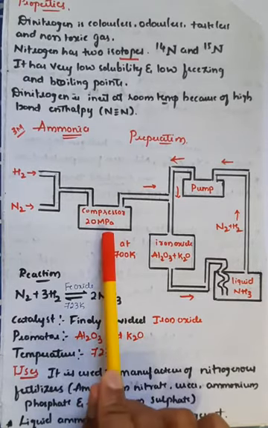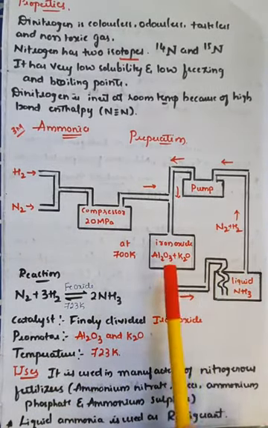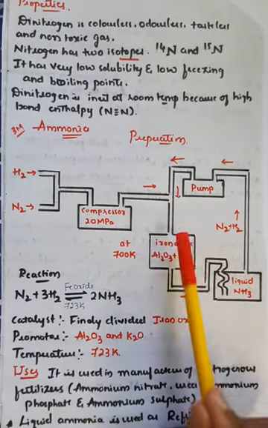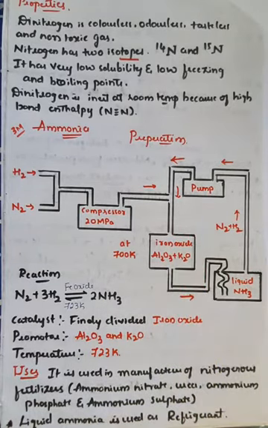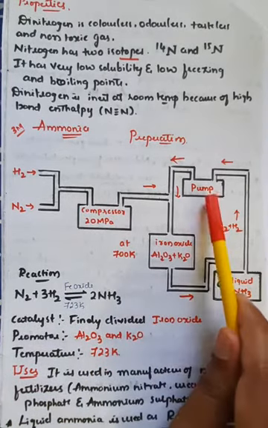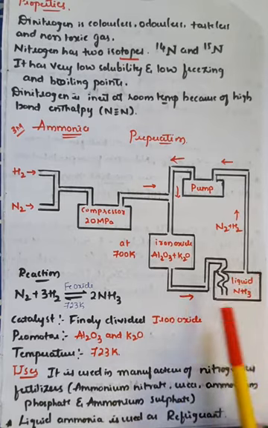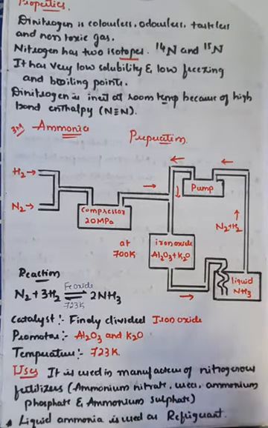One is the compressor unit, one is the pump, another one is the catalytic unit, that is the catalyst chamber, right? So the first one is the compressor, the second one is the pump, the third one is the catalyst chamber. And the fourth chamber is generally for the collection of the product obtained after the reaction, right?